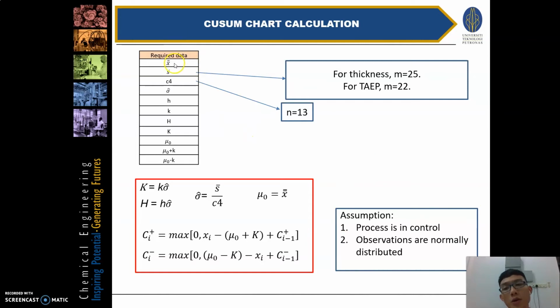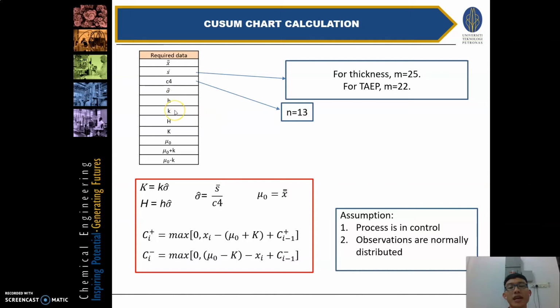So we will obtain the X double bar and S bar from our table, and for the S bar, for the thickness we use M equals to 25, and for TAEP M equals to 22 because we have already revised the control chart. And for C4 we can obtain it through the appendix table where N equals to 13, and the estimated standard deviation can be calculated using the equation here where we use S bar over C4.